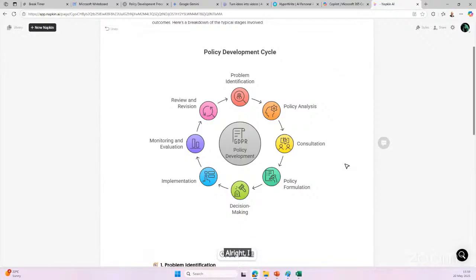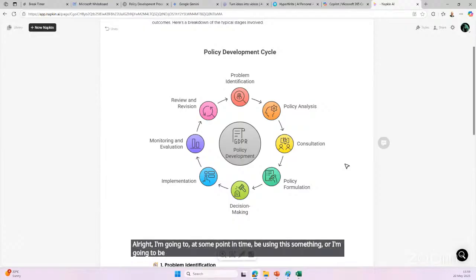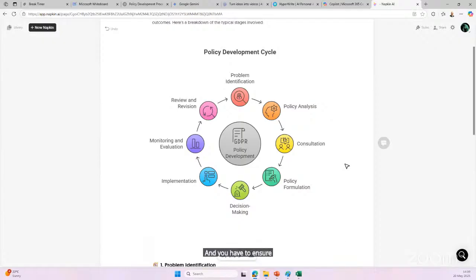I'm going to, at some point, be using this something, or presenting this something to somebody. And you have to ensure that the content is correct.